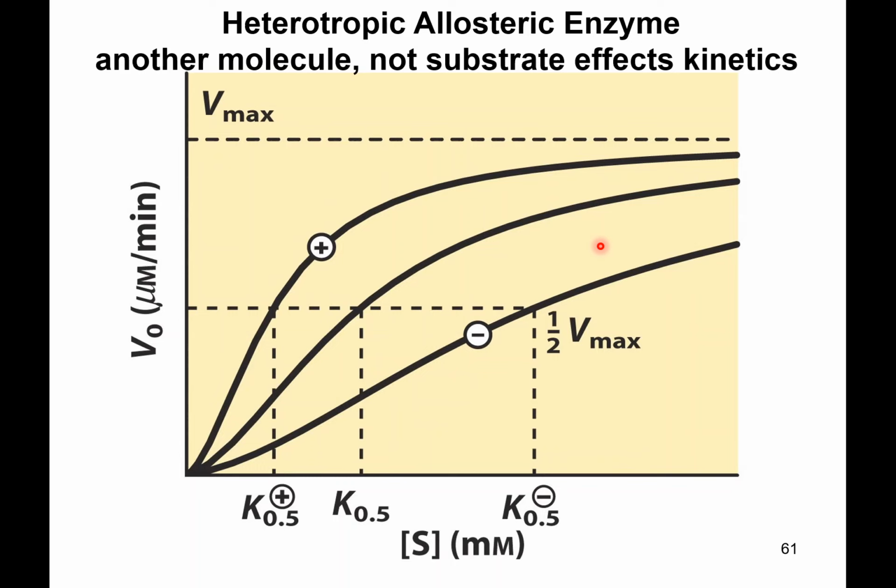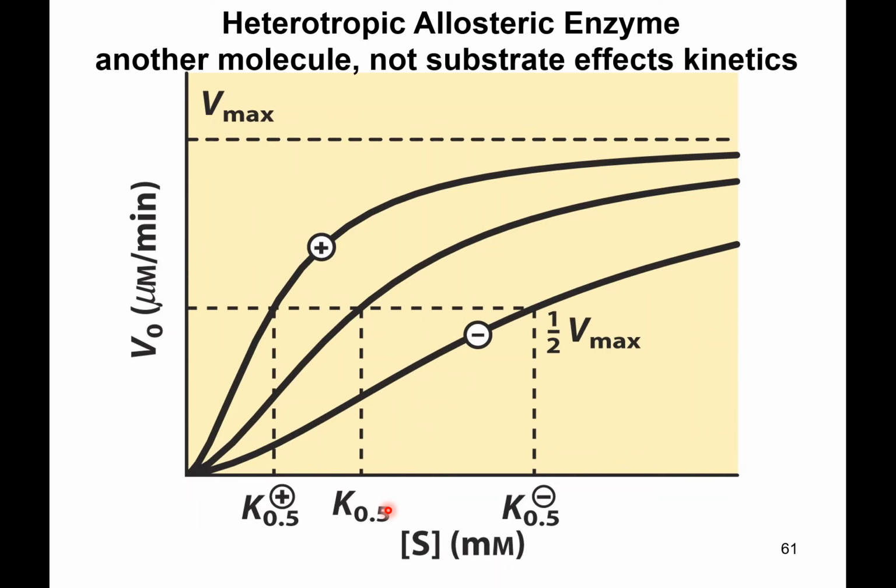Okay. And we can look at the plots for some of these. This plot would be our normal plot without any effectors on it. You can have an example of a molecule that negatively affects the kinetics, the binding, right? So the negative effector would increase what we're calling here K0.5, but it's very similar to the Km value.